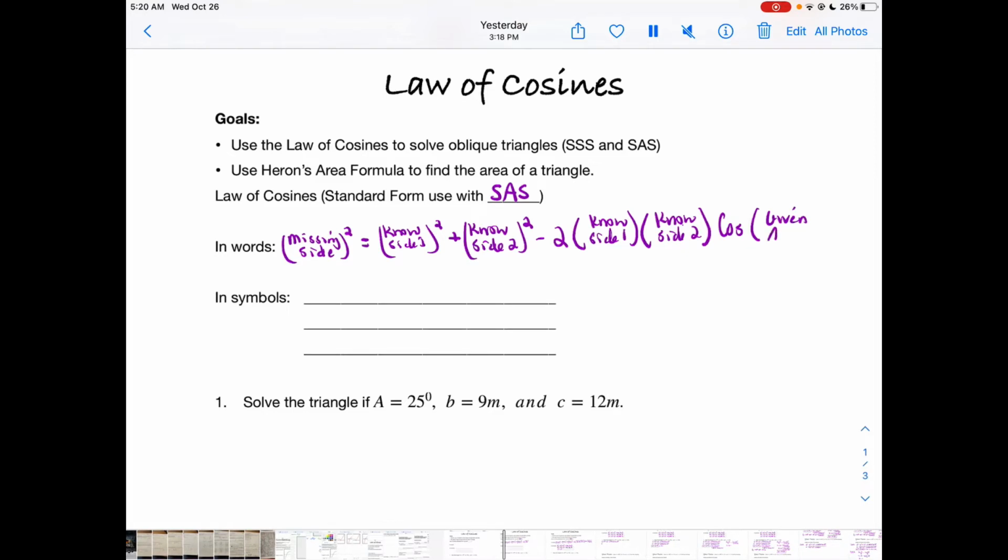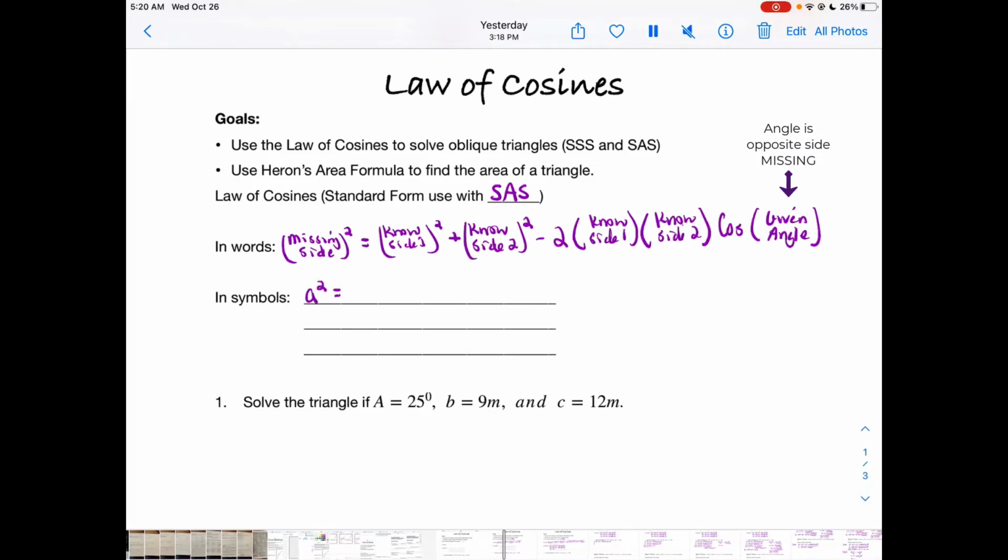And the one angle that's given should be opposite the side that you don't know, because if you had a side, angle and a side opposite each other, you would use the law of sines instead.